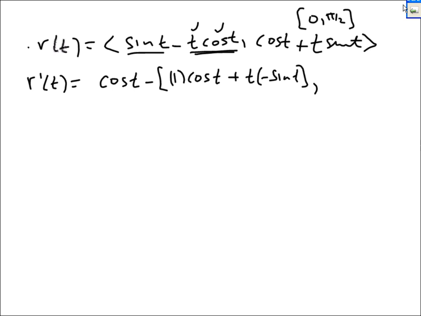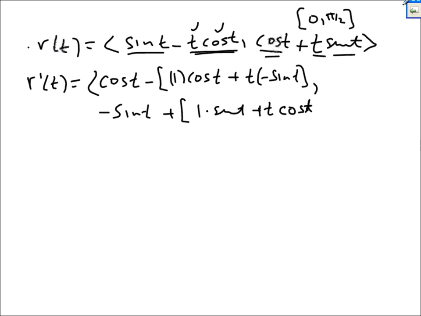I'll write it down below. The derivative of cosine of t is negative sine of t, plus the derivative of t, which is 1, times the second function, plus t times the derivative of sine of t, which is cosine of t.